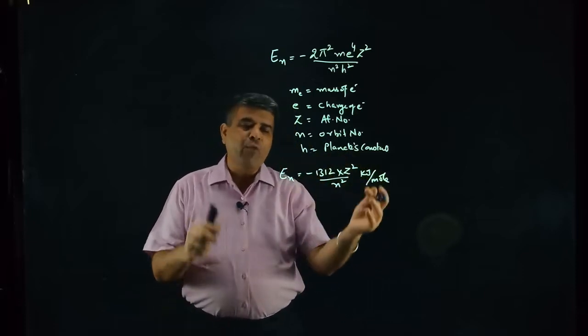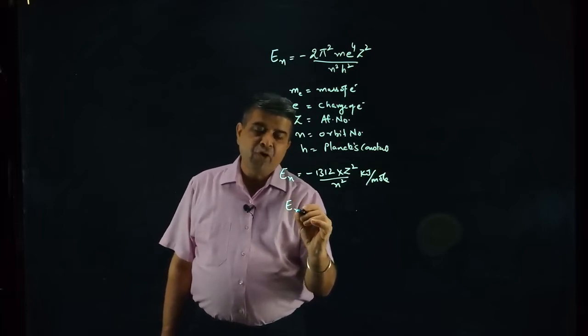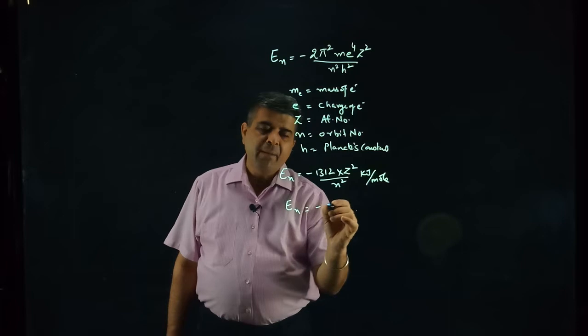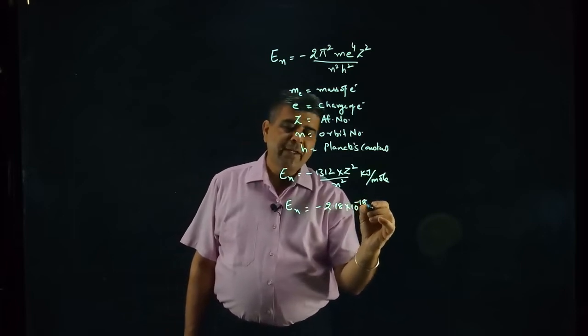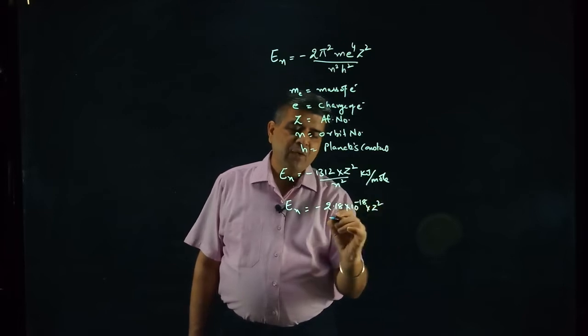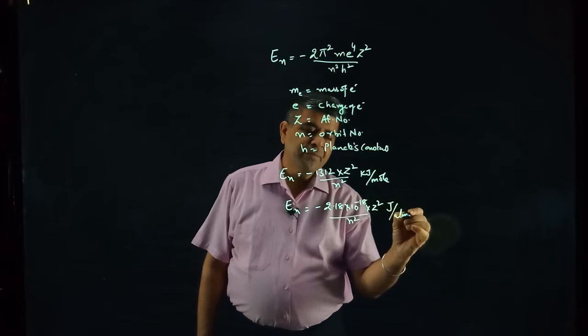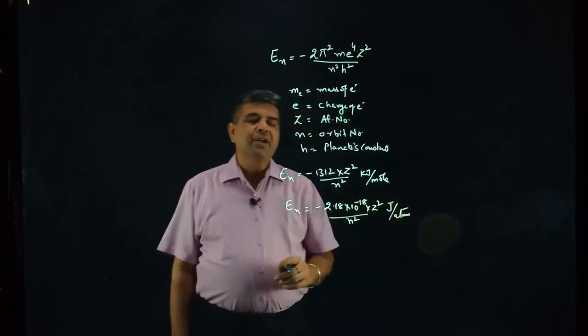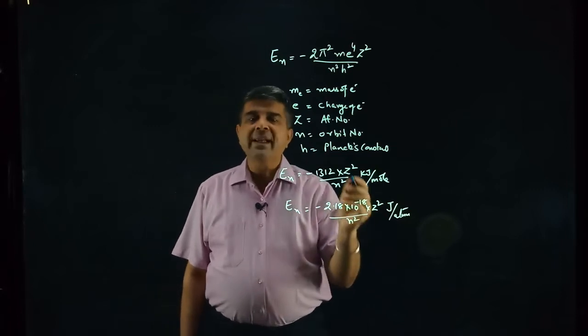Now if we convert this energy into different units, the nth orbit energy in joules would be minus 2.18 into 10 raised to power minus 18 into Z square over n square joules per atom. So this is the energy of an electron in an atom, or basically a stationary state.